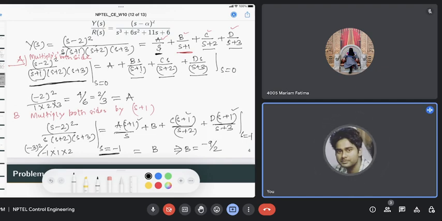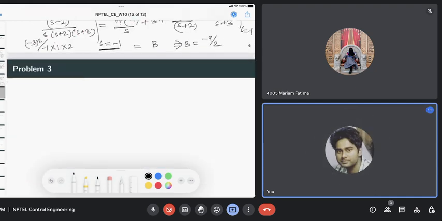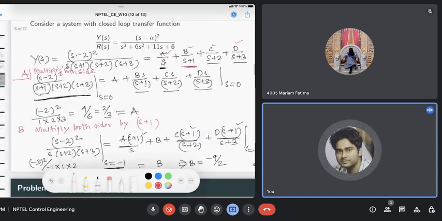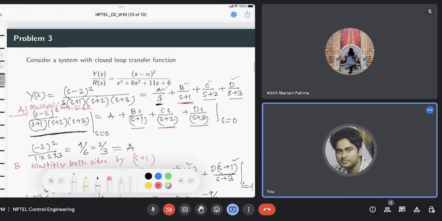Again we will use the same approach to find c and d. So for c, what we will do? Same. We will see what is the factor for c, s plus 2, right? So we will multiply s plus 2 on both sides. For d we will multiply s plus 3 on both sides, and then we will make the other coefficients 0, right?